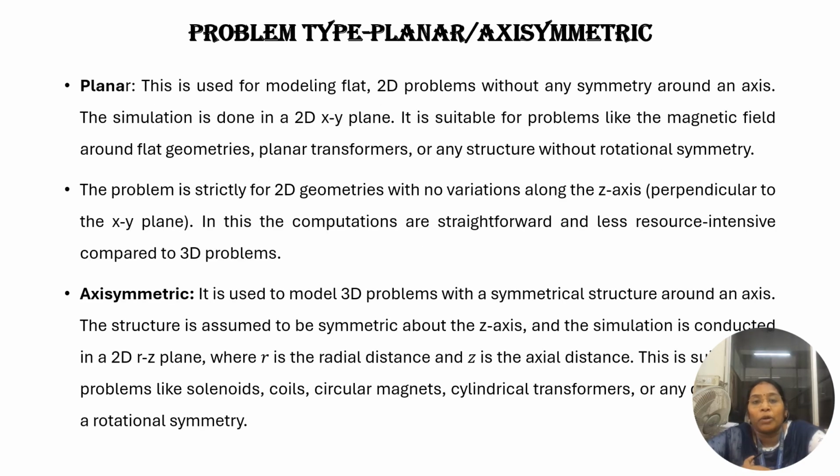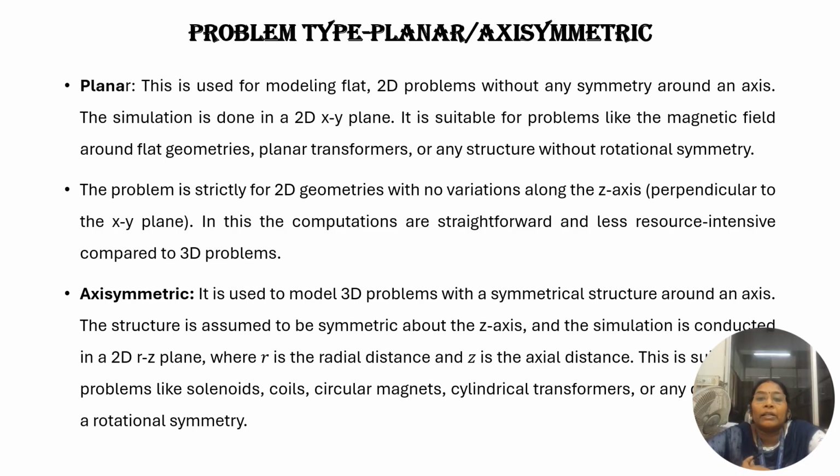Basically, a problem can be seen in two ways using FEMM software. One is planar, another one is axisymmetric. What is a planar problem? Basically, FEMM software is used to solve the problem as a 2D problem.